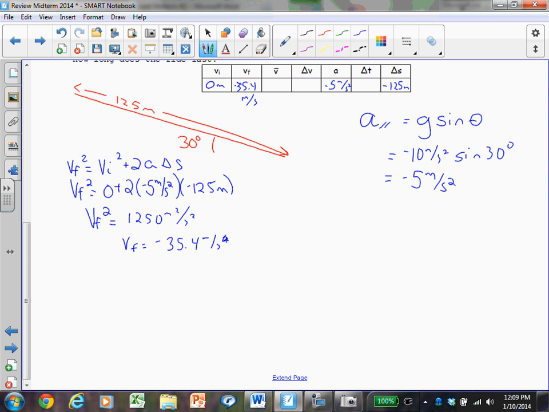So the average velocity is 17.7 minus 17.7. Delta V would be that minus that.